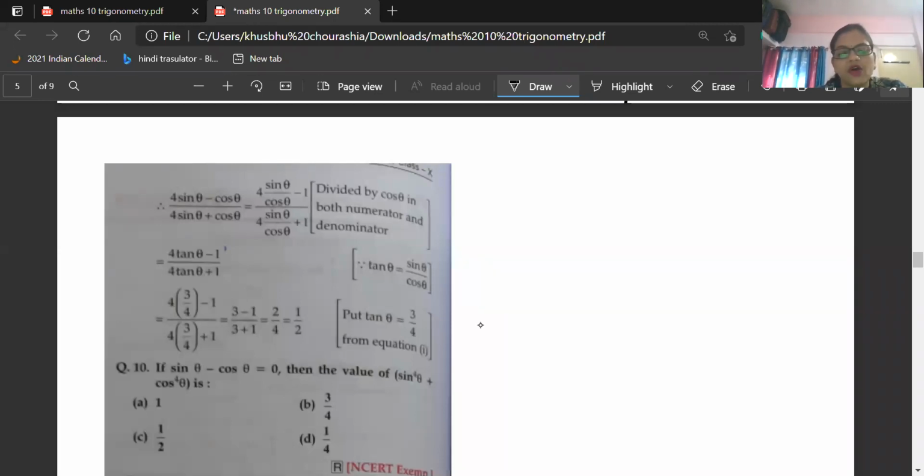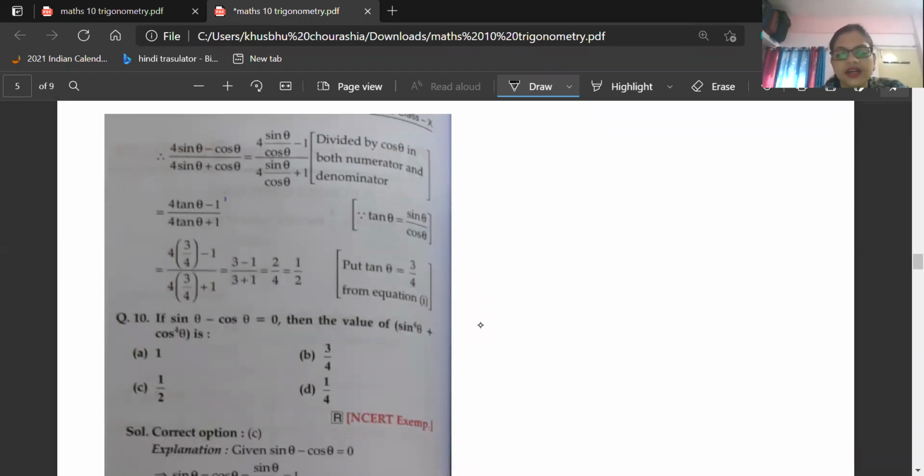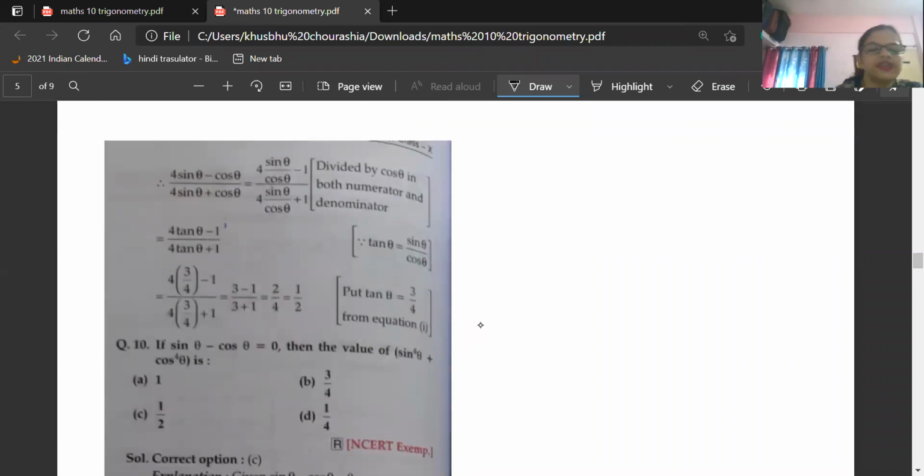Okay, everyone is giving option C. C value is coming as 1 by 2. Let's see if C is the correct answer or wrong. Okay, C is the correct answer. Why will C be the correct answer?